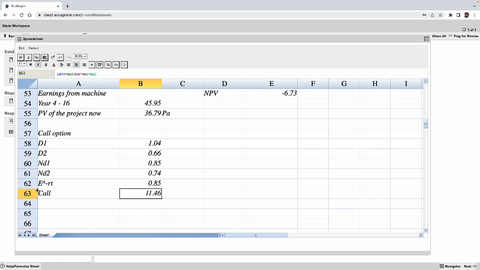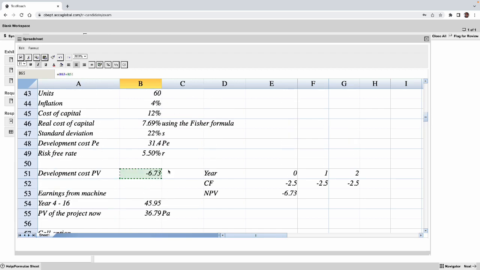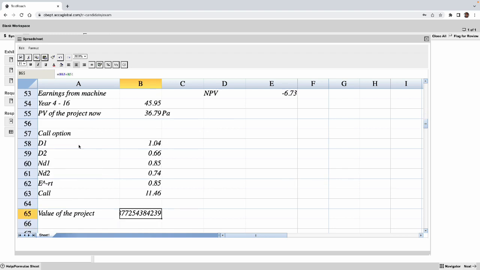So what is the value of the project? So the value of the project for the company. Value of the project. It's going to be your call plus the development costs.